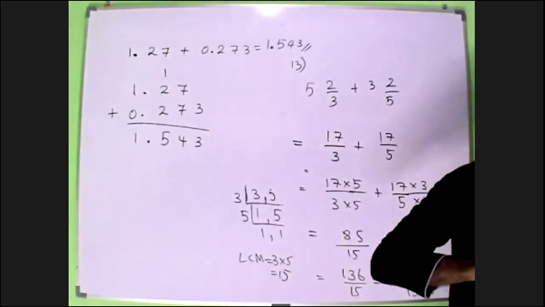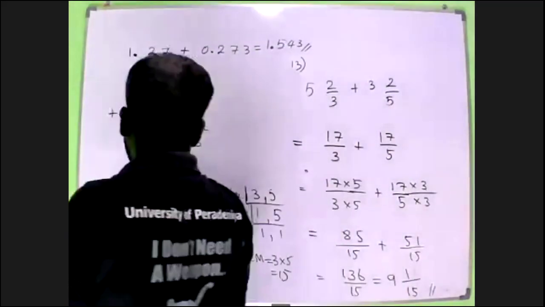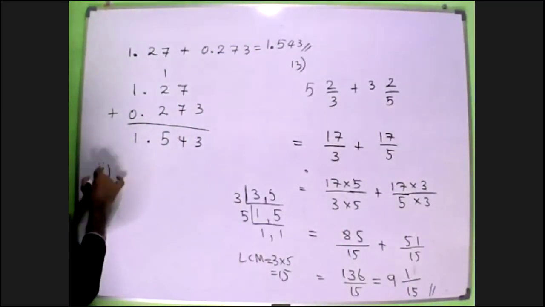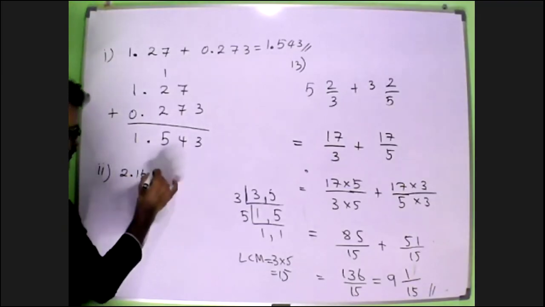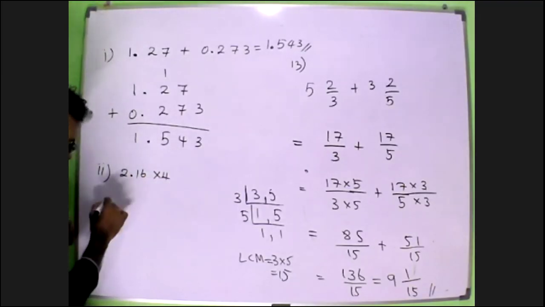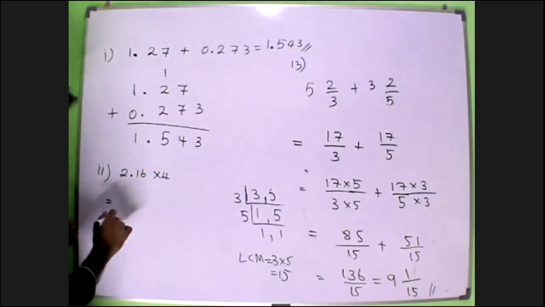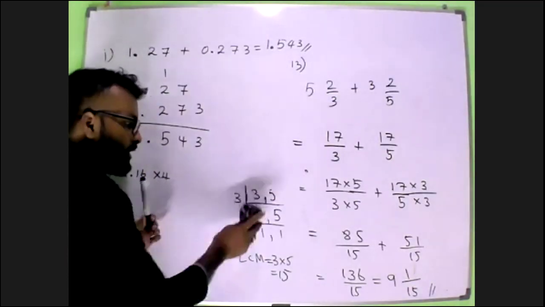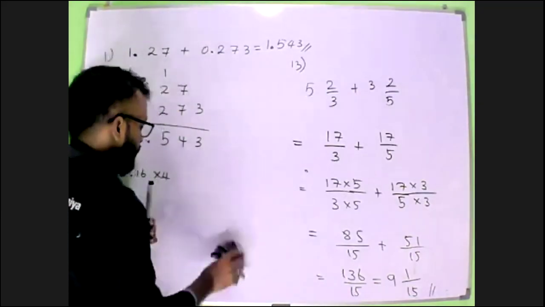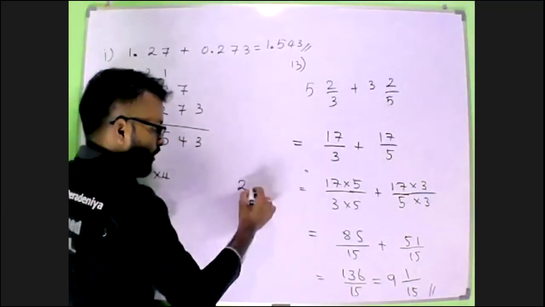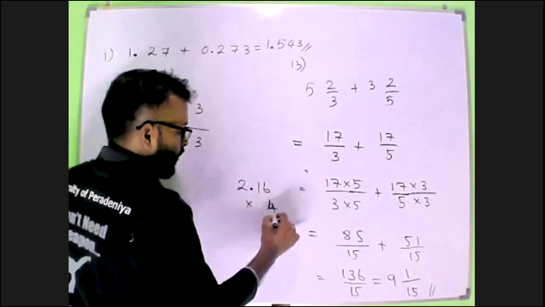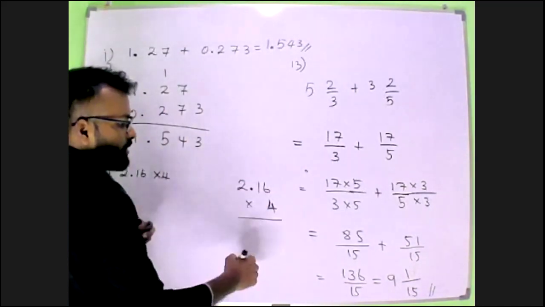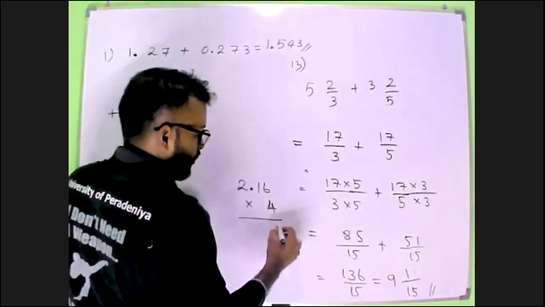And the second one, 2.16 multiplied by 4. So how do you do this? Right? In a separate area you can do this if you want, or you can use your mind. 4 times 6, 24.